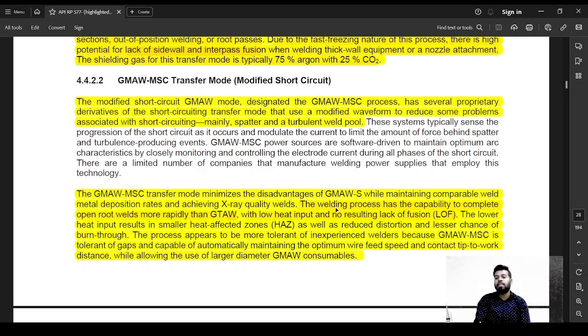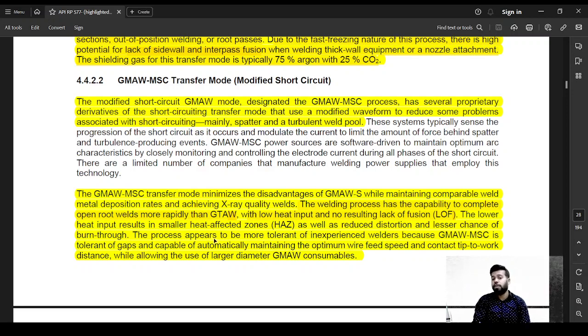The welding process has the capability to complete an open root more rapidly than GTAW with low heat input, resulting in less lack of fusion. The lower heat input results in a smaller heat affected zone as well as reduced distortion and a lesser chance of burn through because the current is very low.